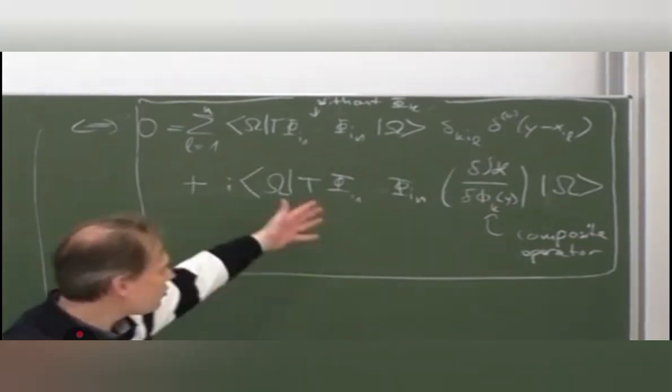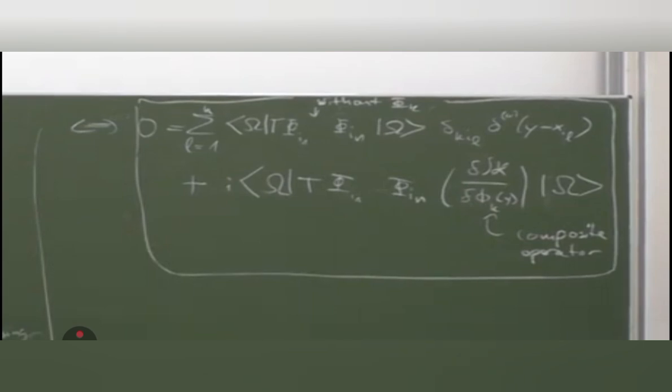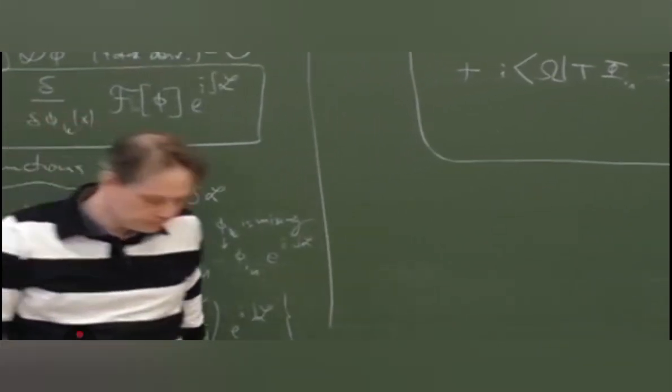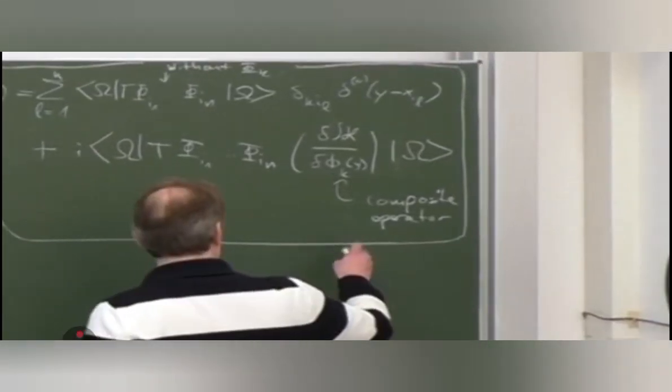So the Dyson-Schwinger equation tells you the fate of equations of motion in the quantum theory. That is the interpretation. But let's write it down.